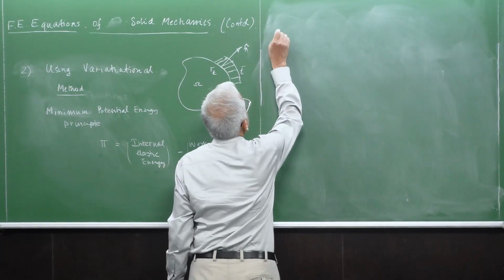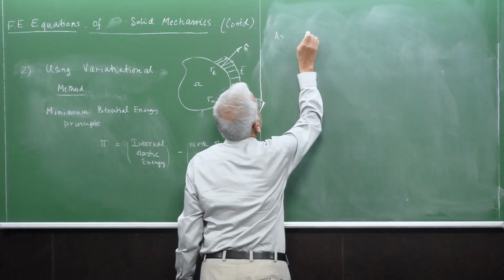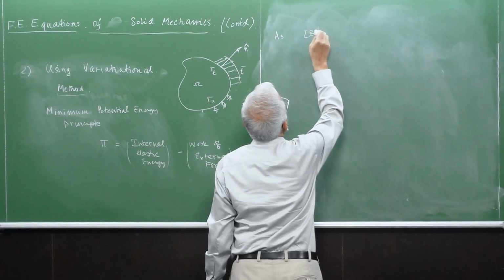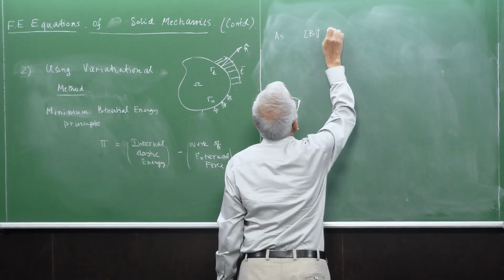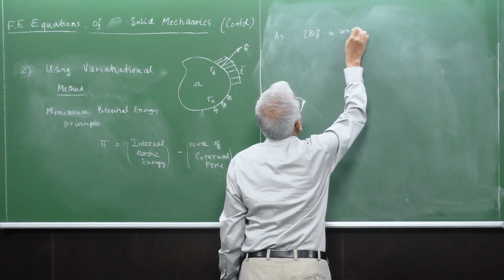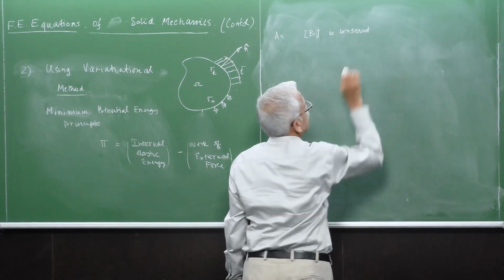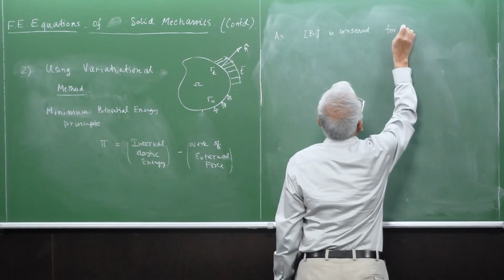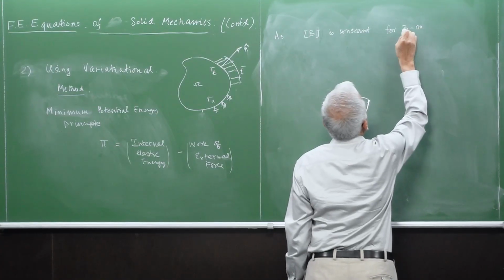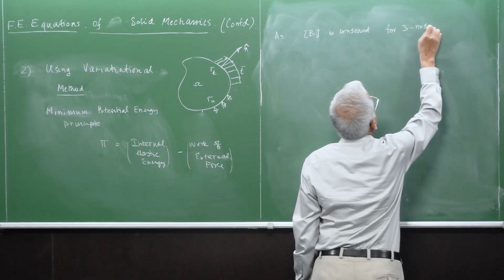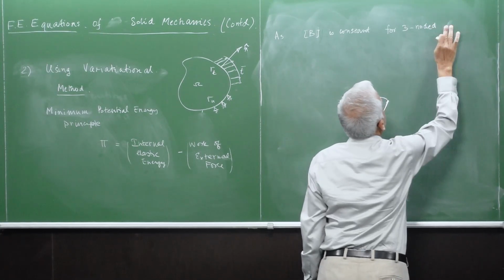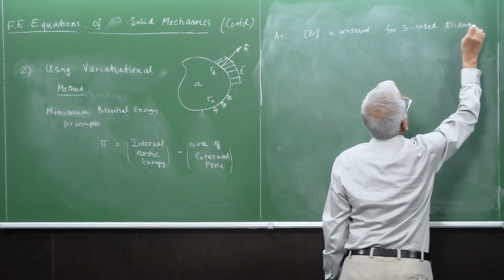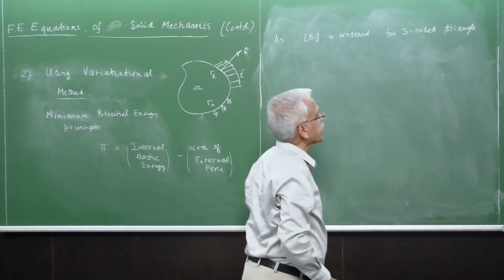So as the B matrix is constant, this is only true for the three-noded triangle.